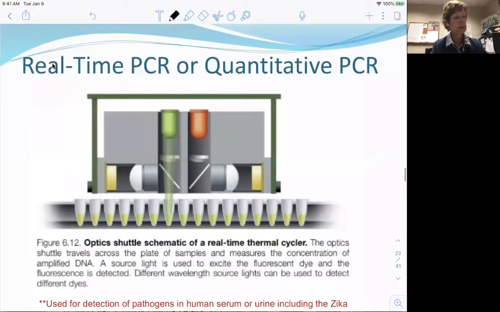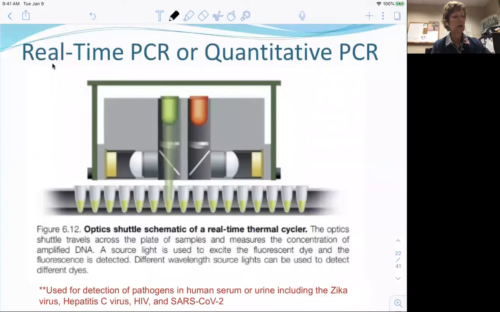So the first type we'll look at used to be called real-time, but like I said, I prefer qPCR, quantitative PCR. In this type of PCR, your nucleotides have a fluorescent dye that's incorporated. As the nucleotides are incorporated into your product, you build up fluorescence.